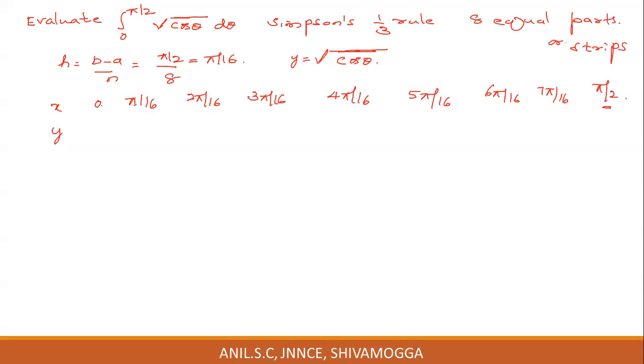Stop here. Now go on finding y corresponding to 0, corresponding to pi by 16 and so on. Corresponding to 0, cos 0 is 1 and square root of 1 is 1.